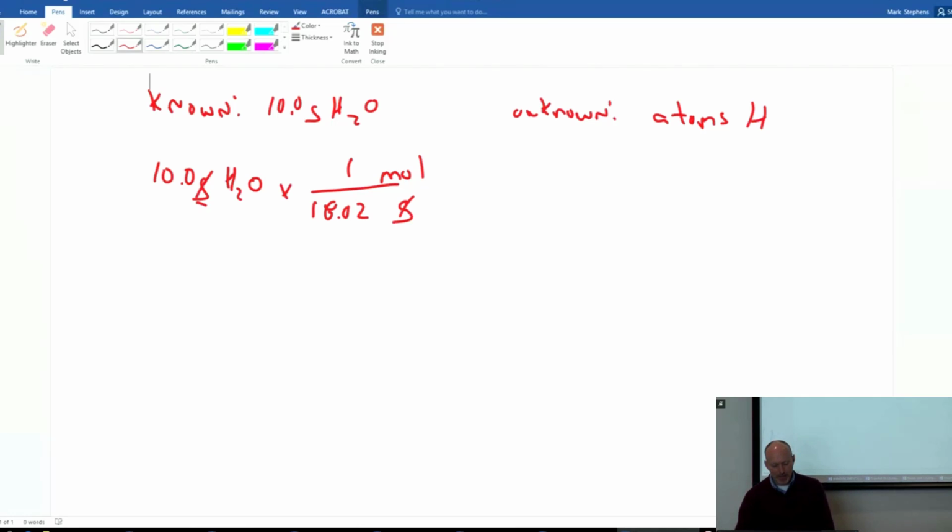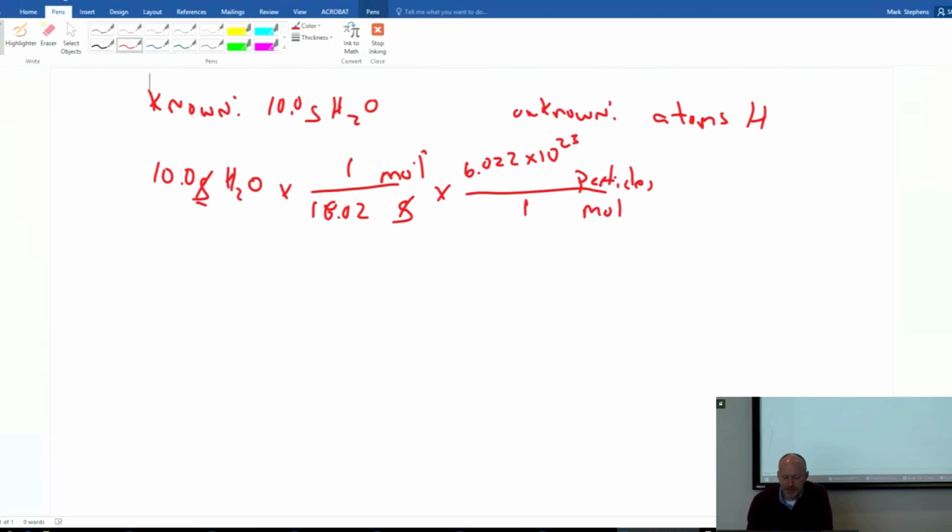Our next step, using our mole map, get rid of moles. And I'm going to use Avogadro, so that's going to take me to particles. And again, in this conversion factor, the 1 that's in front of the mole, and particle conversion, Avogadro, 6.022 times 10 to the 23rd.